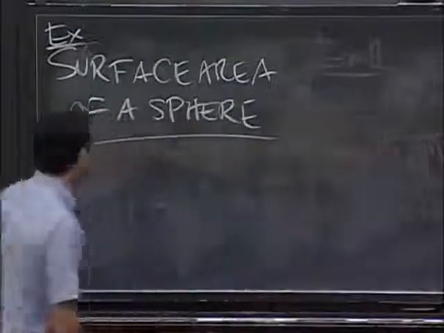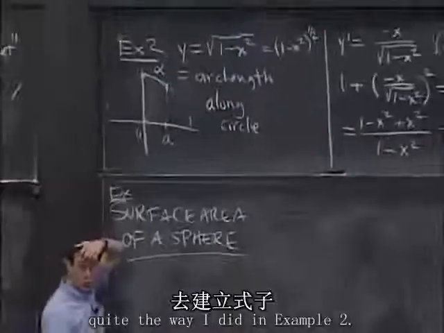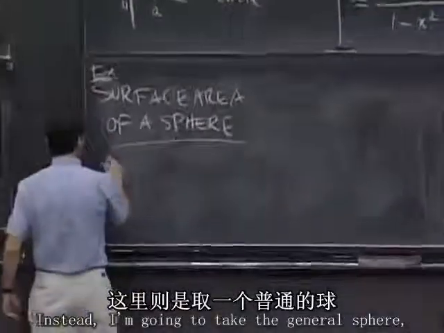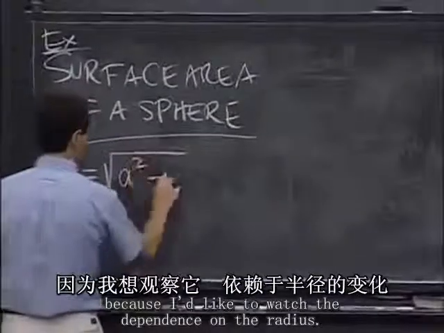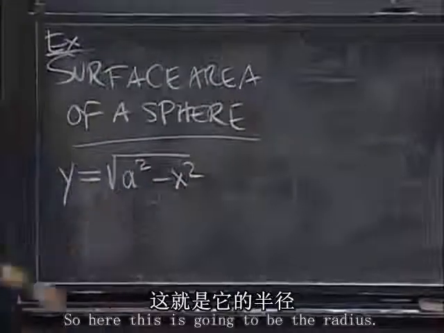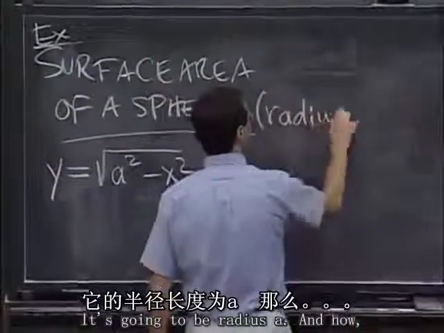All right, so first of all, I'm not going to set it up quite the way I did in example 2. Instead, I'm going to take the general sphere because I'd like to watch the dependence on the radius. So this is going to be the radius, radius a.